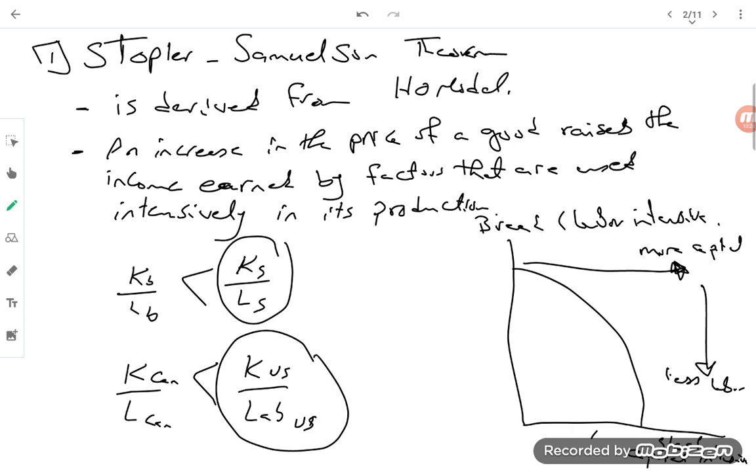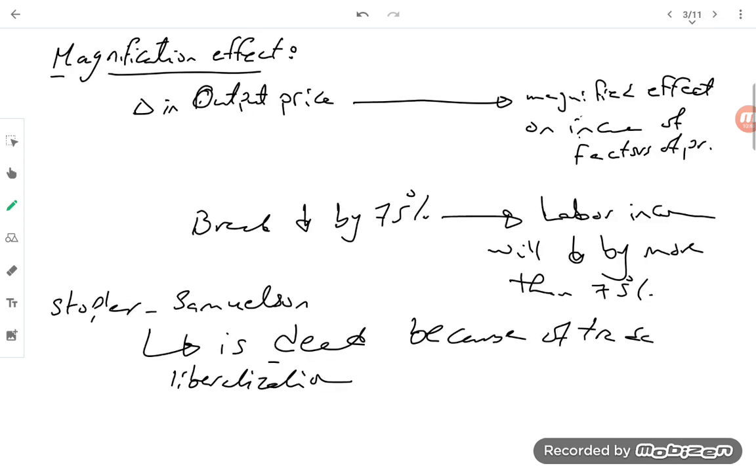According to their theory, if there is an increase in the price of a particular product, this will affect the return earned by the highly intensive factor used in the production of this commodity by a magnified value, and this is known as magnification effect.